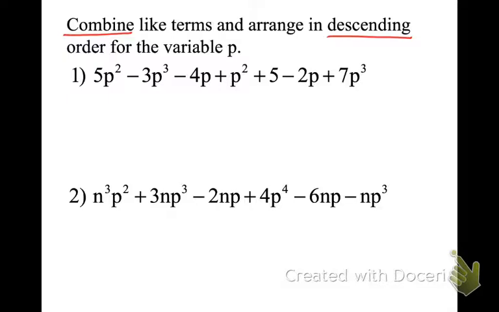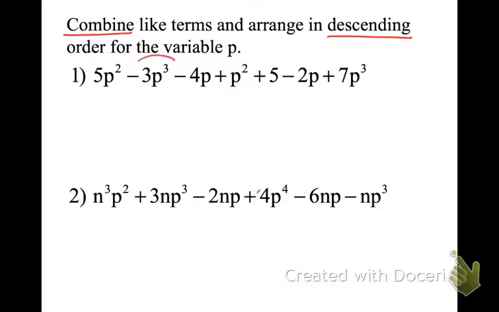Number 1, they want us to combine our like terms. Number 2, we want it in descending order. So let's go with the biggest exponent. What is the biggest exponent? Jean? 3. 3, right? So what are my terms that I can combine?